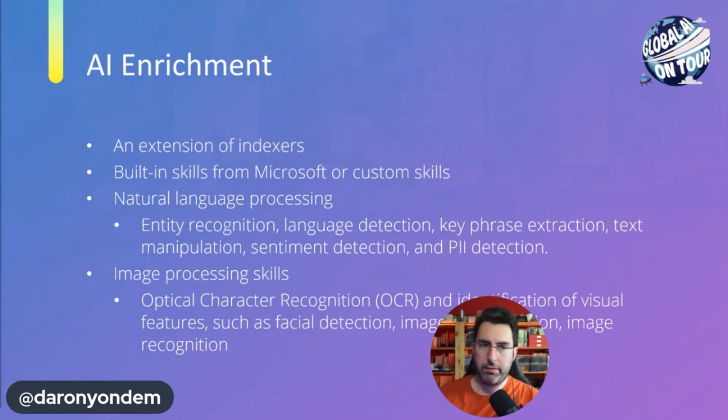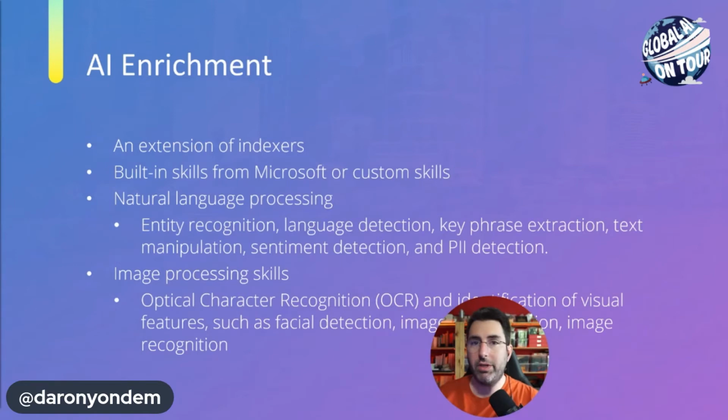There are a lot of built-in skills that are based on cognitive services. Those are serverless AI services from Azure that you can buy separately, so you can consume them as AI enrichment in Azure Cognitive Search. Or you can build your custom skill if you have a model hosted in a Kubernetes cluster or something.